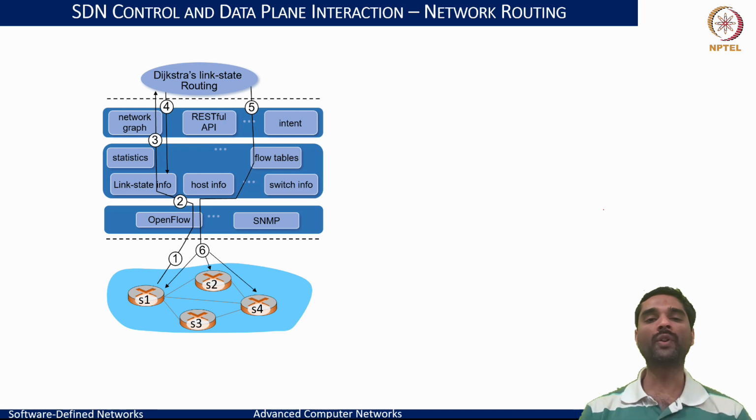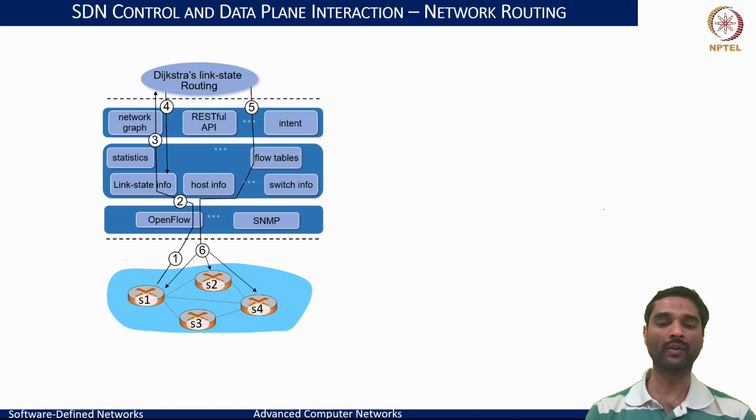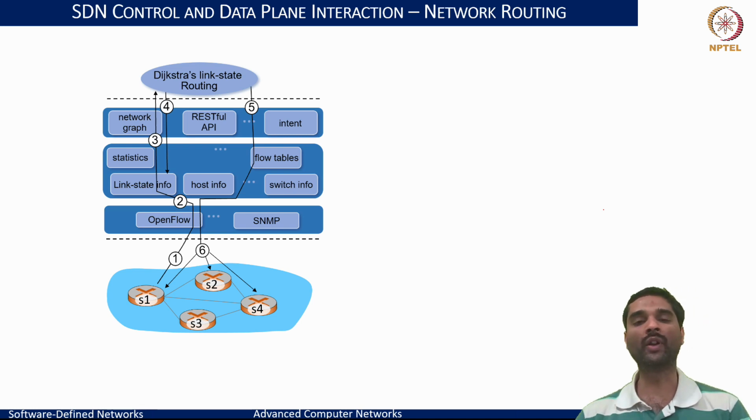Overall, let's try to put this into perspective and see one of the most fundamental network applications, link state routing. The diagram here shows a topology with four switches or routers, S1 to S4, and an application written on top of the network OS, Dijkstra link state routing, which configures and sets the routing tables so that all of these routers do what link state routing would otherwise do.